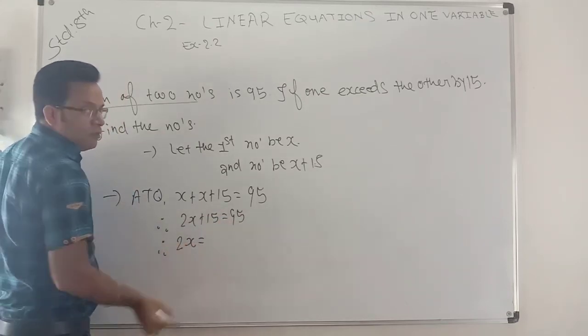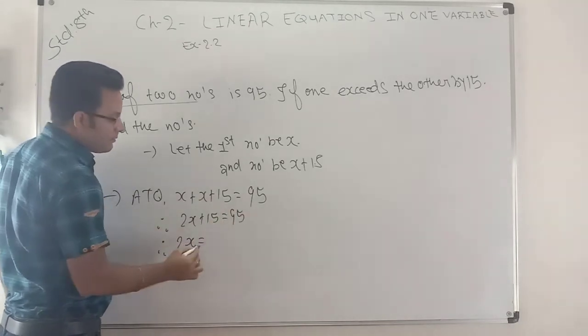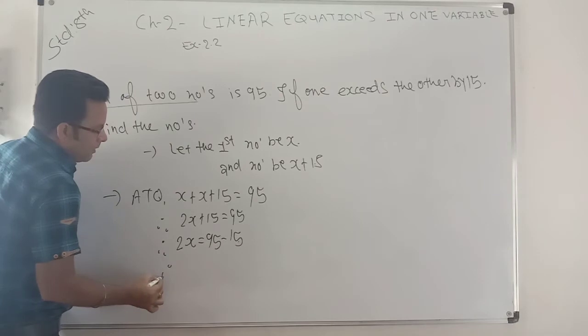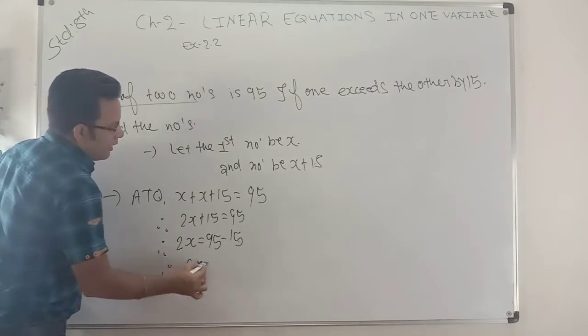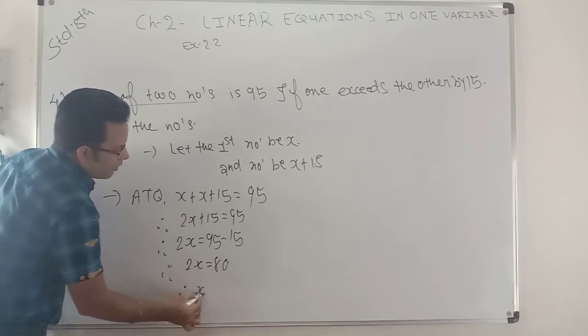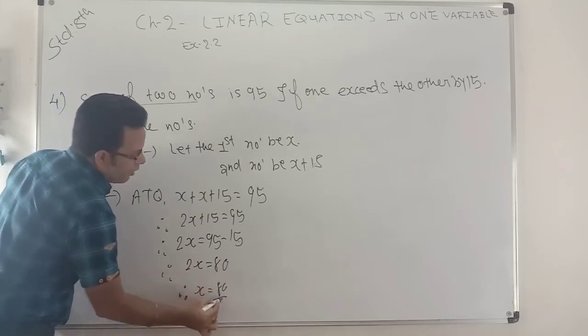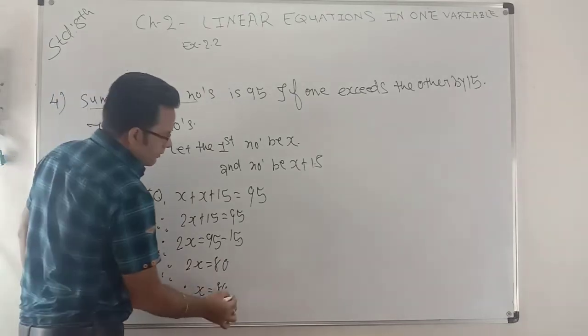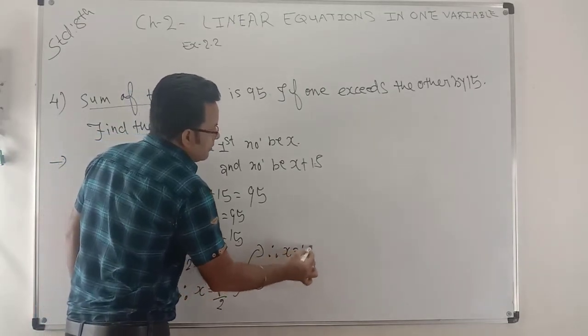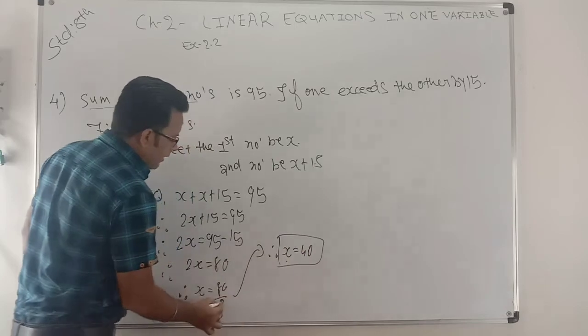Therefore 2x is equal to, plus 15 becomes minus 15. Therefore 2x is equal to 80. Therefore x is equal to 80 upon 2. Therefore x is equal to 40.